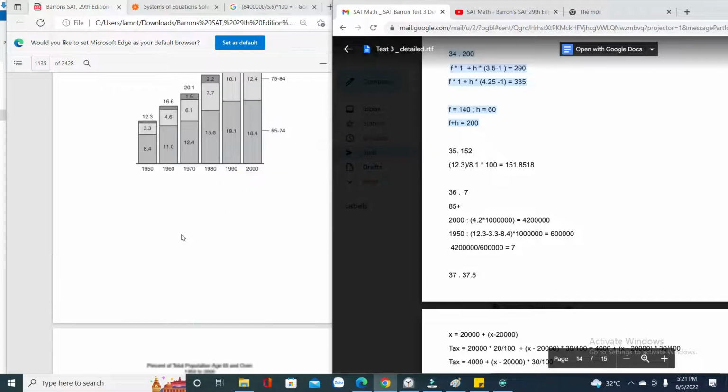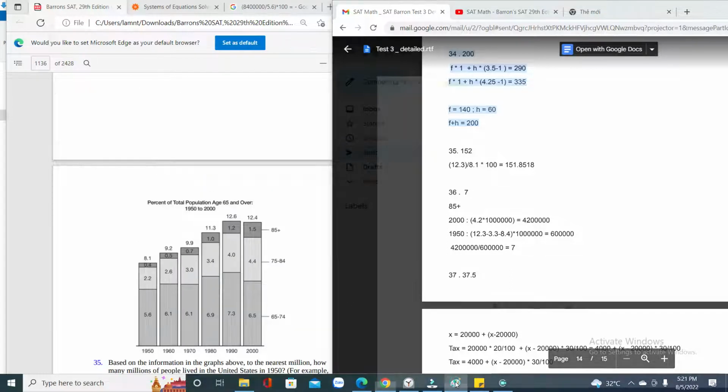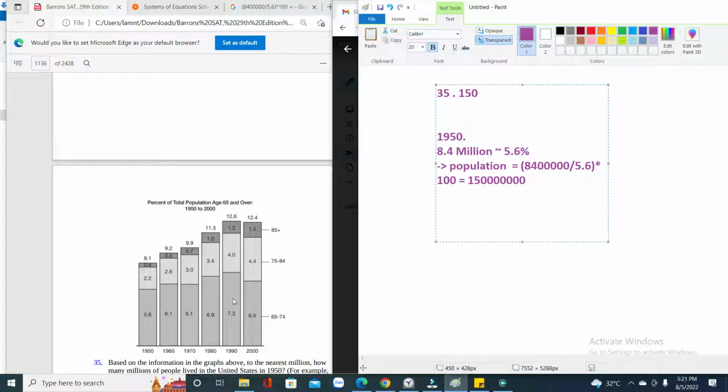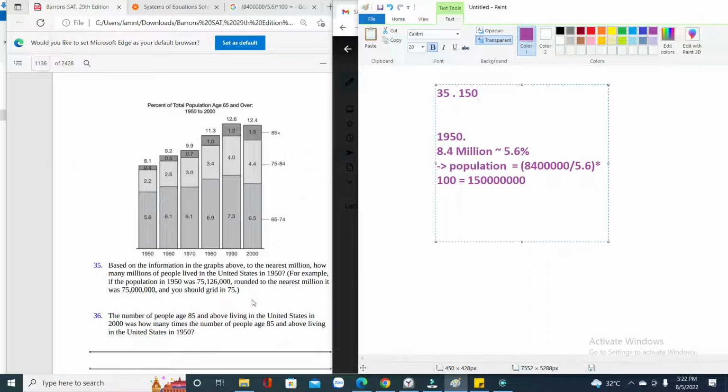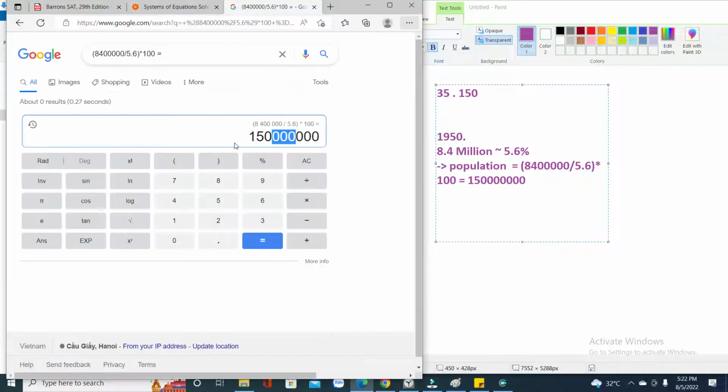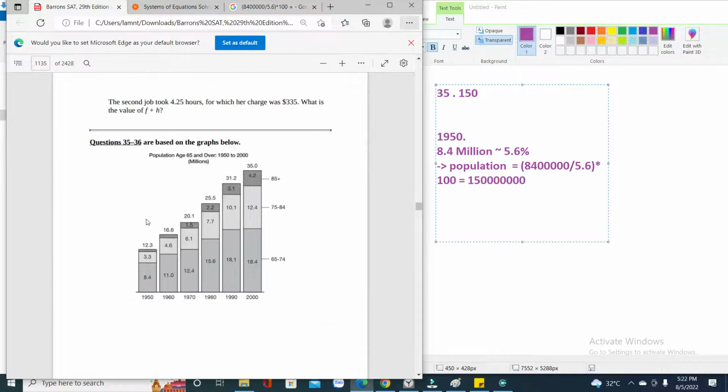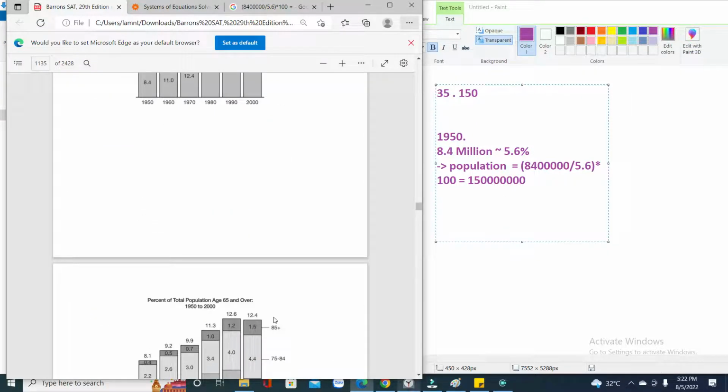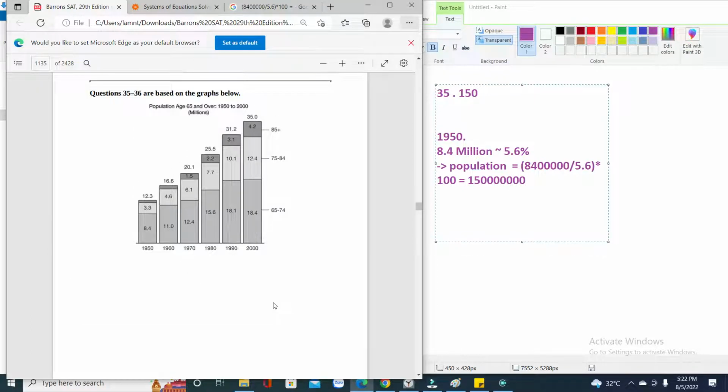We took 8.4 over 5.6, so we got 150 million, but if we take 12.3 divided by 8.1, which was the remaining, I think it's more reasonable.